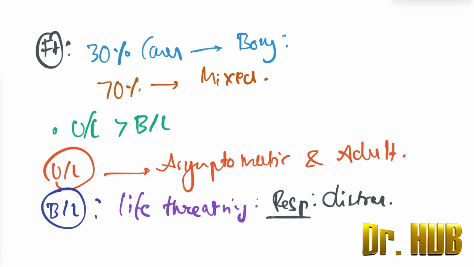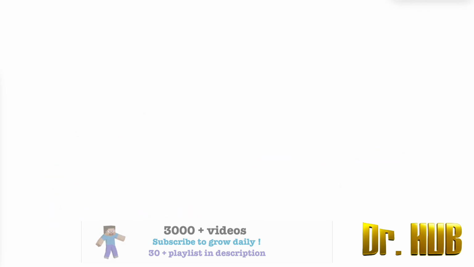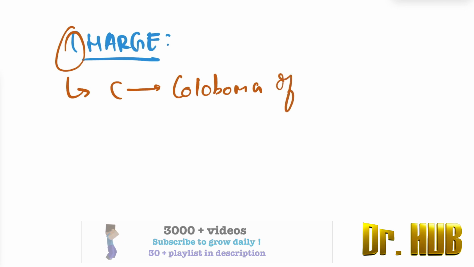Another important point to note is that there is a mnemonic called CHARGE. Choanal atresia is associated with CHARGE. Let's see what each letter stands for. C stands for the coloboma of the eye.